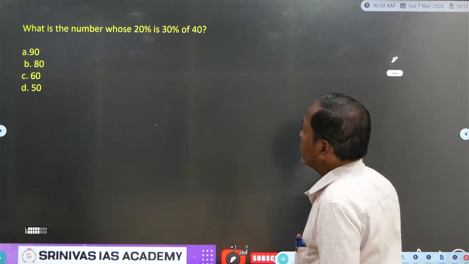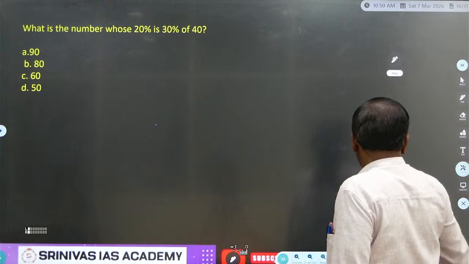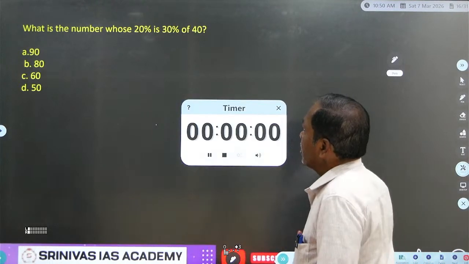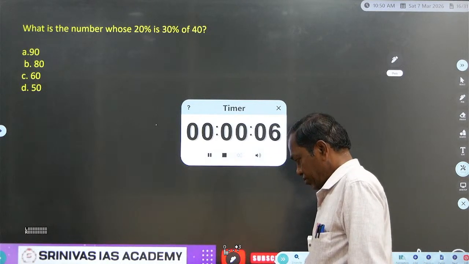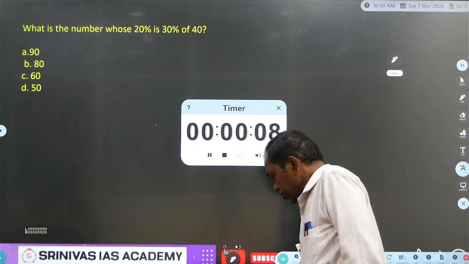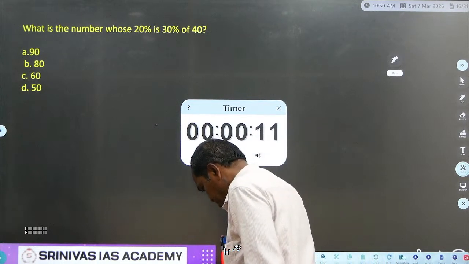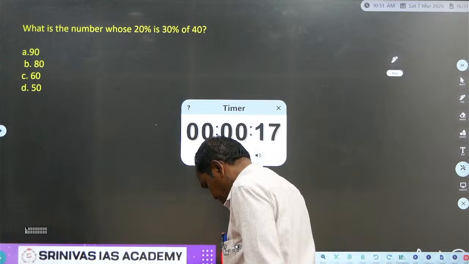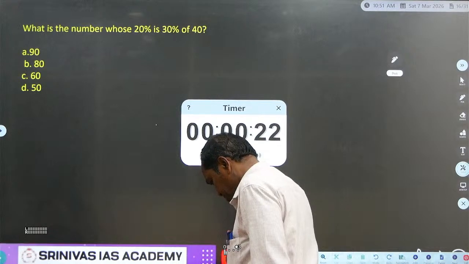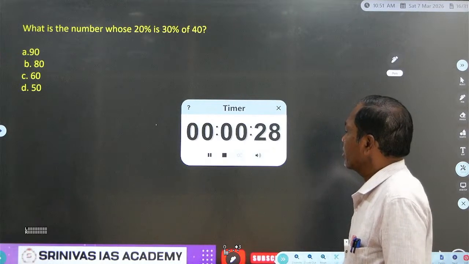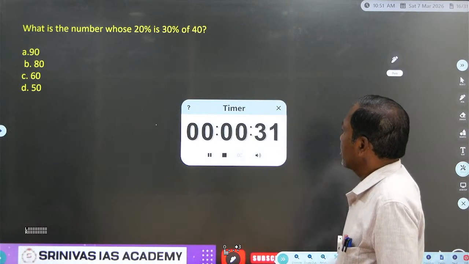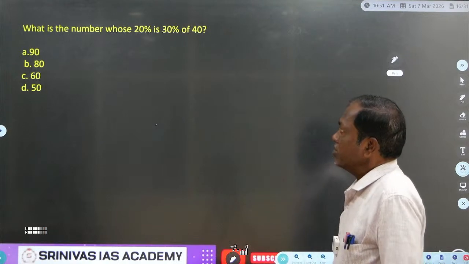Now, what is the number whose 20% is 30% of 40? Yes, Rishi, you are trying to ask me something. What is that? May I know? What is the number?